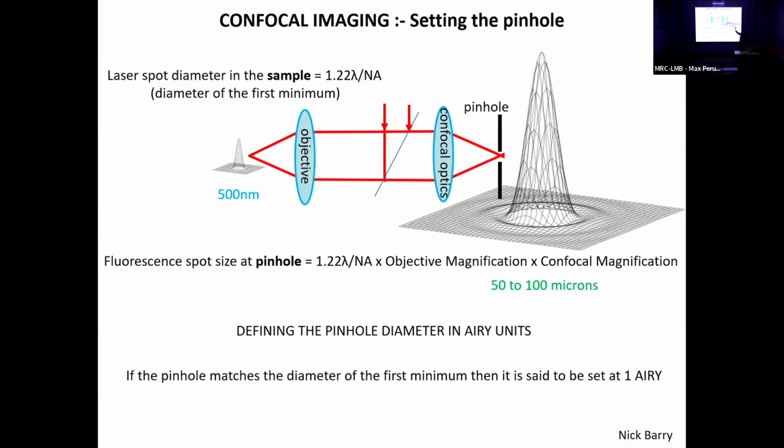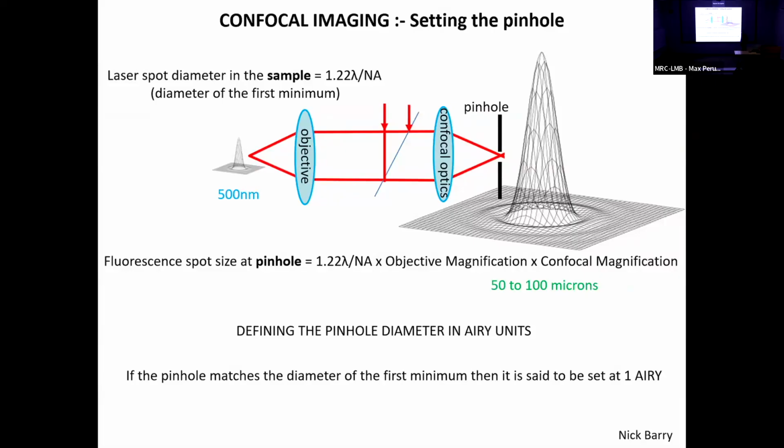All of those things are instrument dependent and somewhat variable. We can take away all of that and just work in this thing called the Airy unit. The Airy unit is effectively where the first minimum of that diffraction pattern is. So if your pinhole is matched to that diameter, from there to there, that's called 1 Airy.